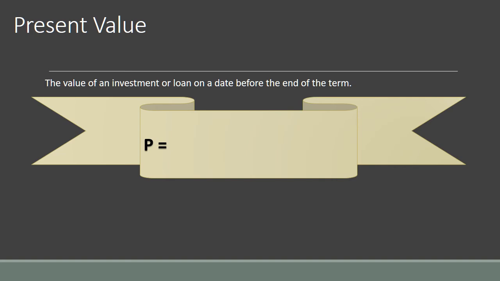So what I just explained there was the whole idea of present value, which is your starting amount, your principal. So this is the value of your investment, or on the bad side of things, a loan, on the date before the end of the term, meaning how much do I need now, or how much do I need today?